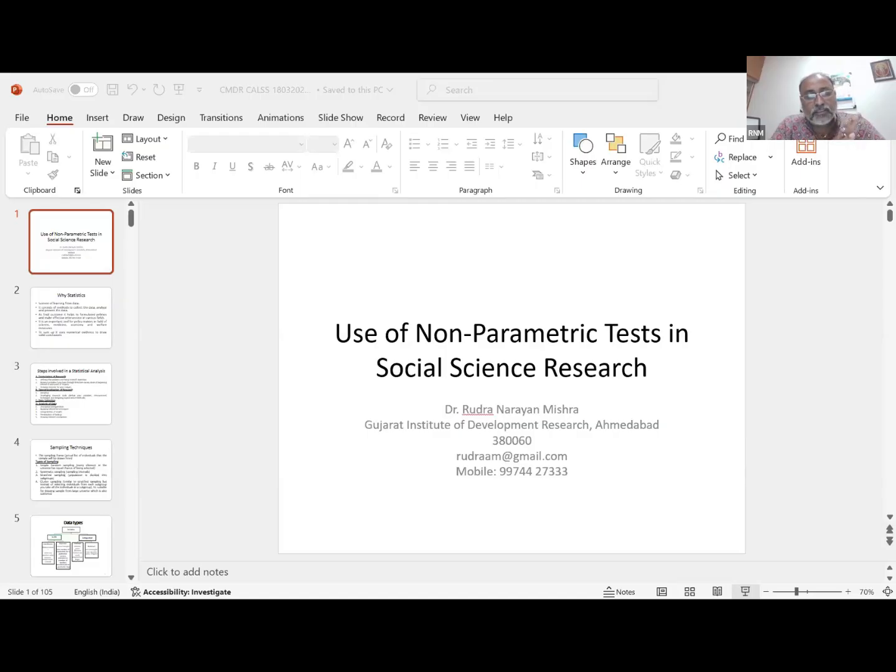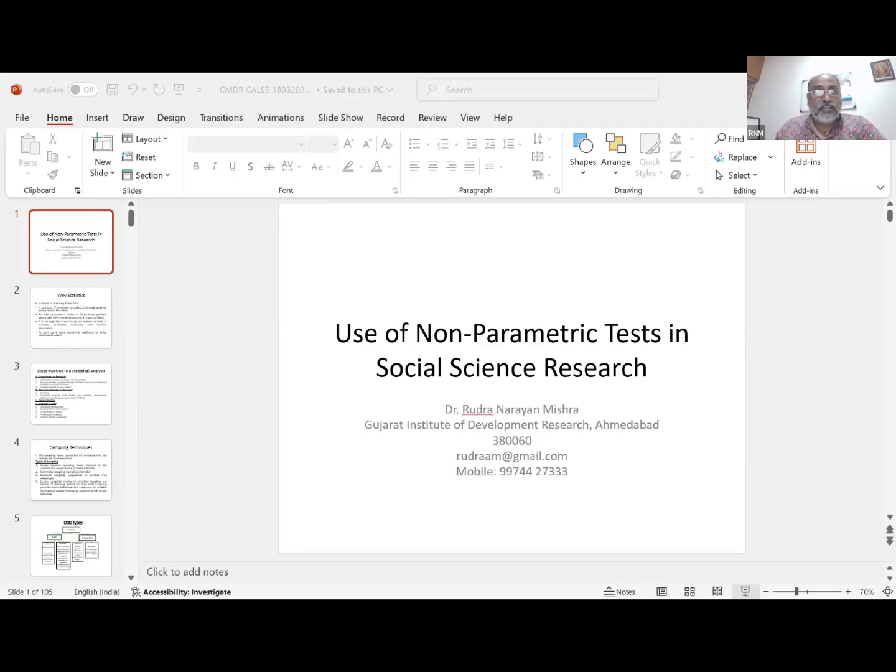I have taken screenshots of how the process is done for the 4 non-parametric tests that are available in SPSS. All the 4 I have, and I'll discuss them. While I am speaking, you can see this PPT, and you can also try on your laptop or mobile if possible, to replicate what I am talking about. So let's go to the next slide.